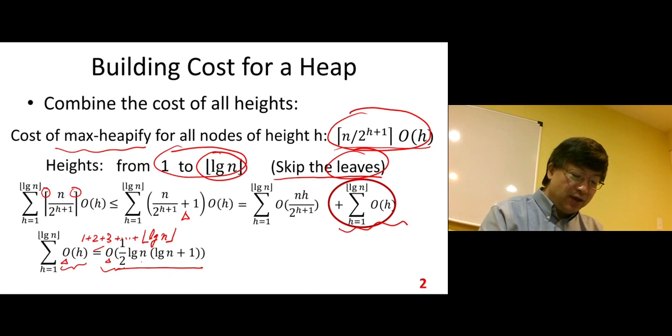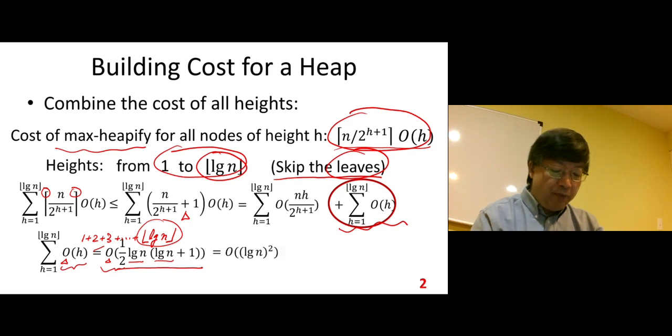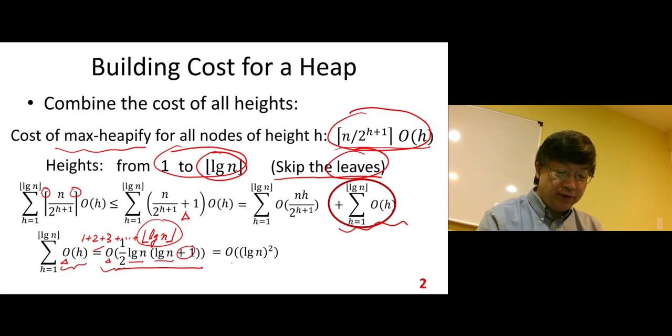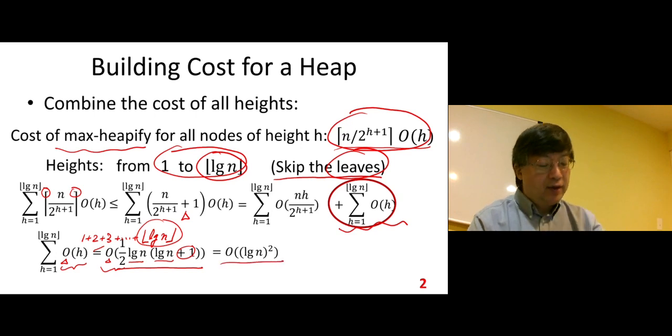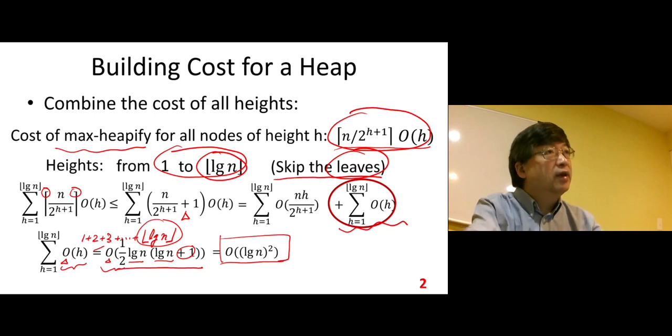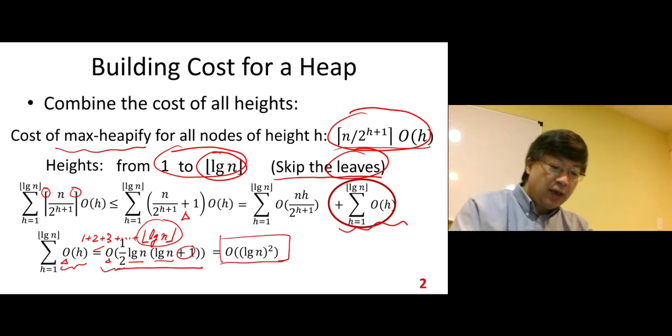So here we can use a larger number than the floor function, use log of n. Then approximately log of n squared, because the plus 1 can be omitted. So we get this asymptotic class.